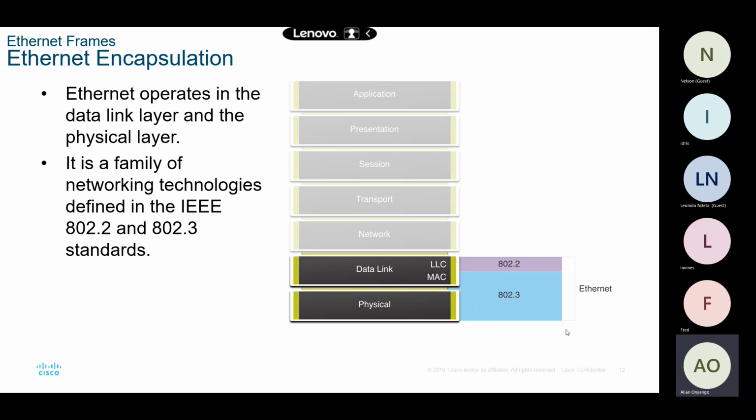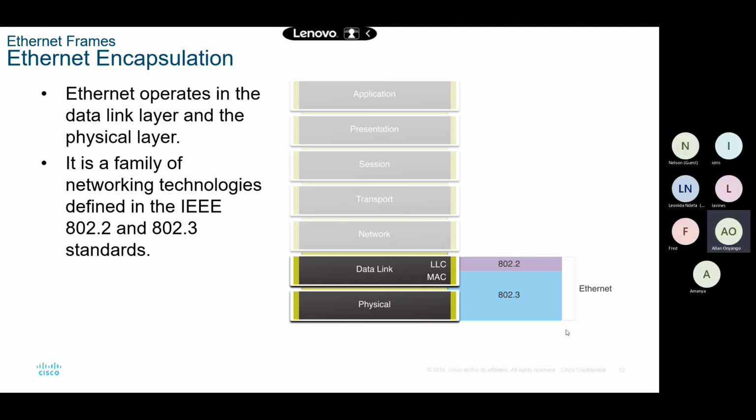Ethernet is basically a family of network technologies defined by IEEE, the Institute of Electrical and Electronics Engineers, and the codes are 802.2 and 802.3, where 802.2 is implemented on the LLC, and 802.3 is implemented from the MAC sublayer downwards to the physical layer.